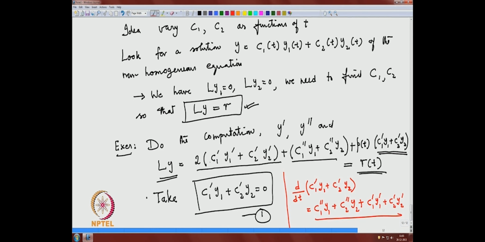These are similar terms. If I combine this term with one term here, that is nothing but d by dt of this one, but this is already chosen to be 0. So, this is nothing but 0.